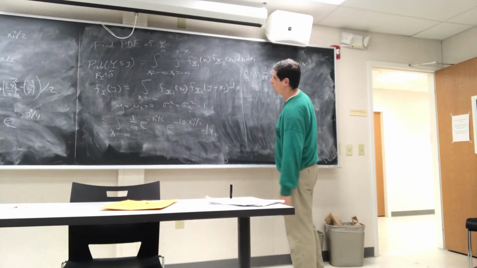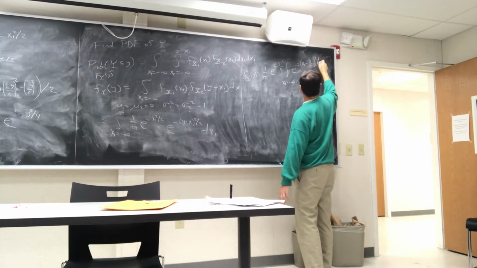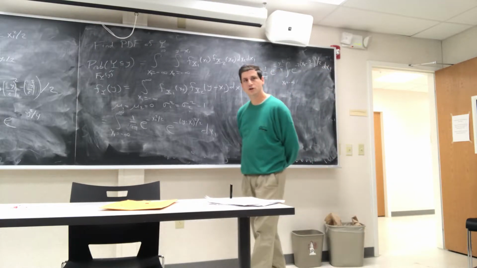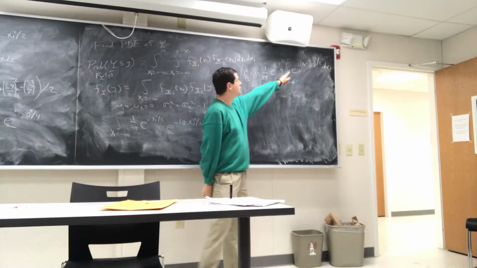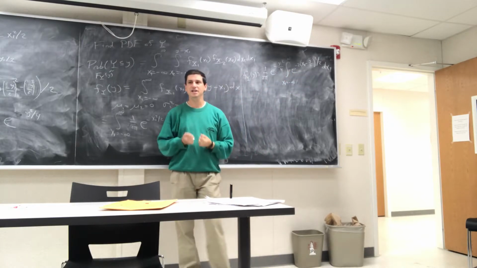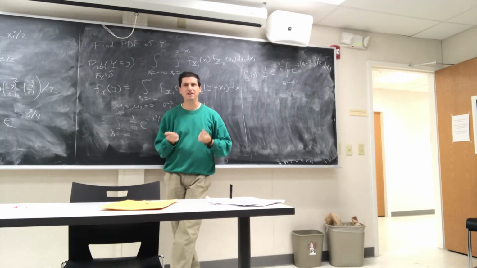I don't know why I was calling this y1. It should just be y. The thing to note is, all I've done is translate x1 by y halves. When I'm trying to calculate the normalization constant for a normal, the mean doesn't really matter. It's the variance that matters.